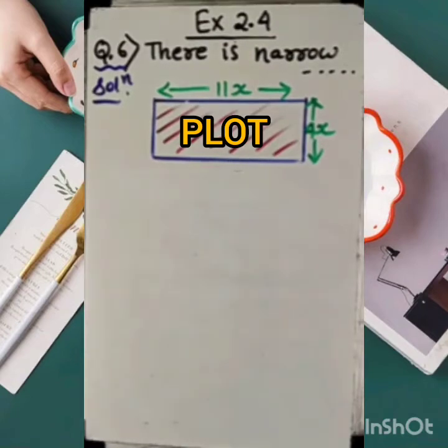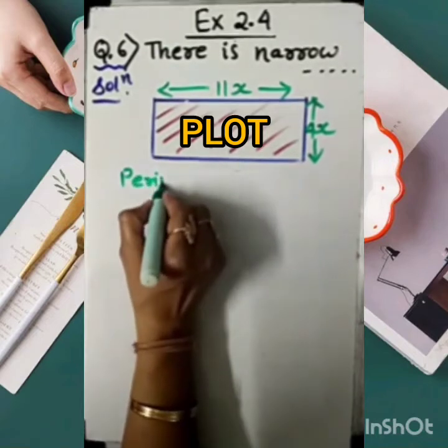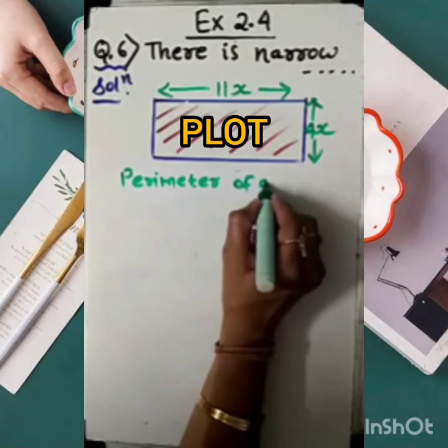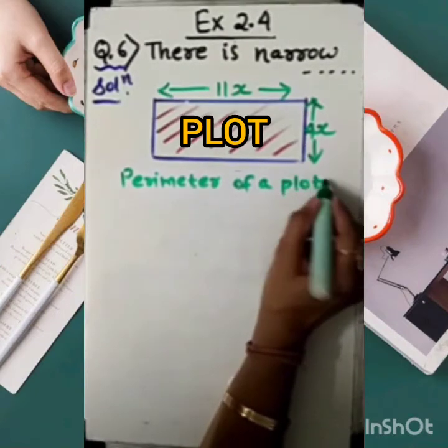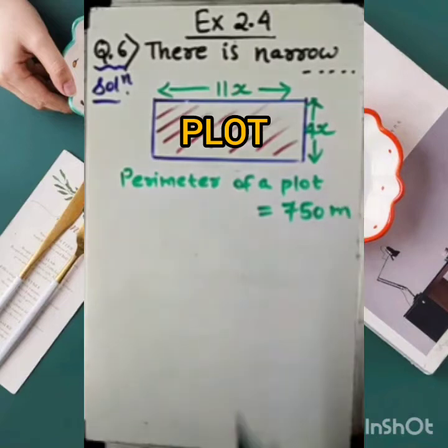So my dear student, finally we got this result: the perimeter of the plot, its value is 750 meters. Now, what is the perimeter of a rectangular plot?